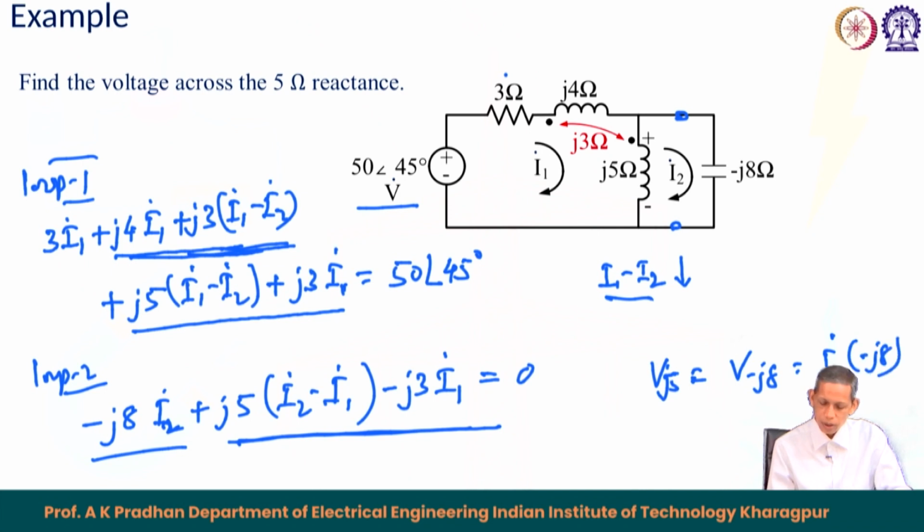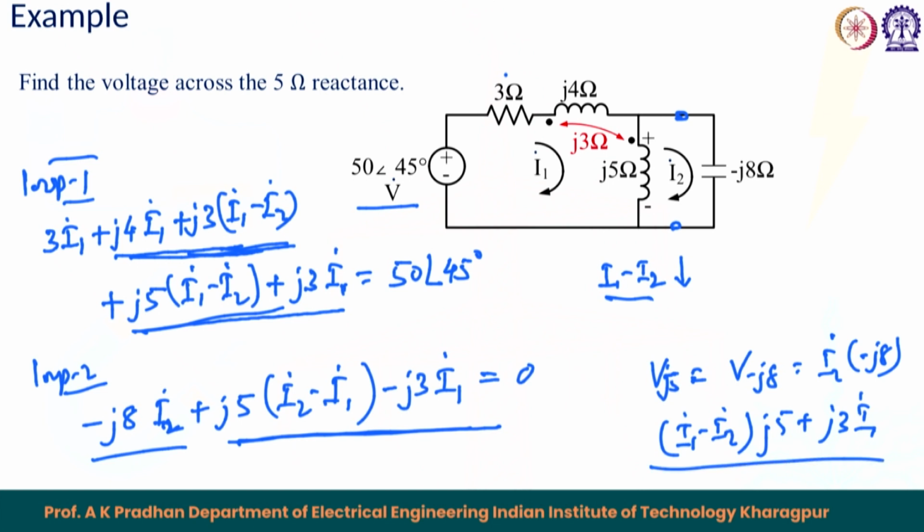So, this is one way. Otherwise, we find the voltage drop across J5 directly: I1 minus I2 flowing downward, into J5, plus J3 I1. This will be the corresponding drop across the J5. So, that way also you can find it.